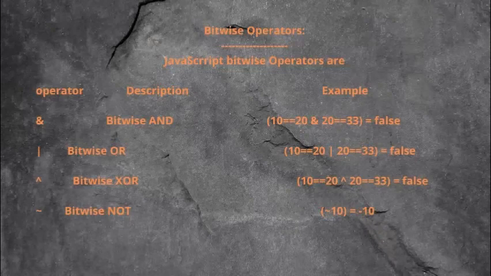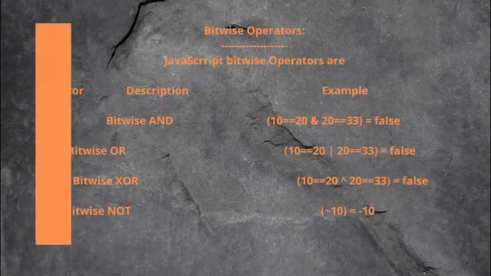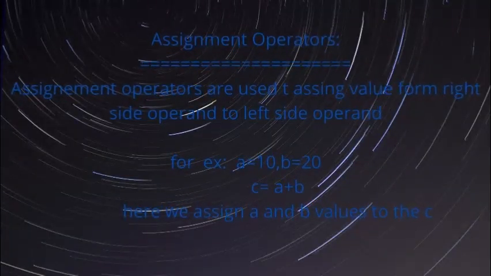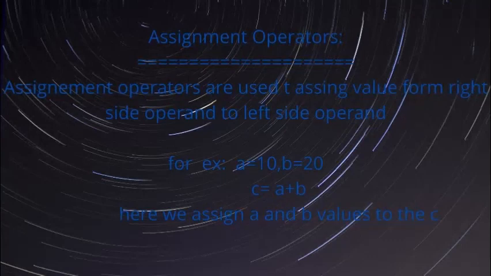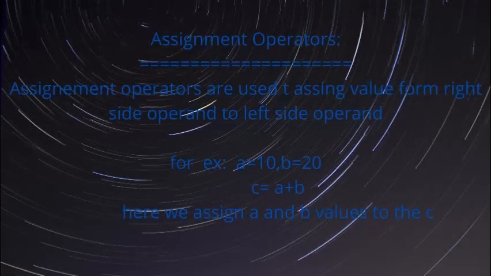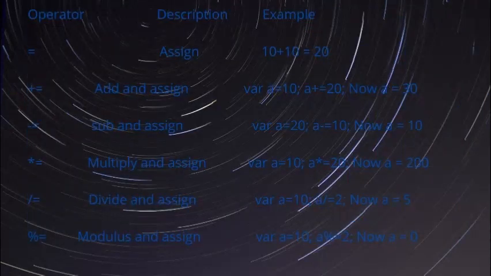Bitwise operators, these are some bitwise operators in JavaScript. Assignment operators are used to assign a value from the right side operand to the left side operand. For example, a = 10, b = 20, then c = a + b. Here we assign the sum of a and b to c. The following are the JavaScript assignment operators.